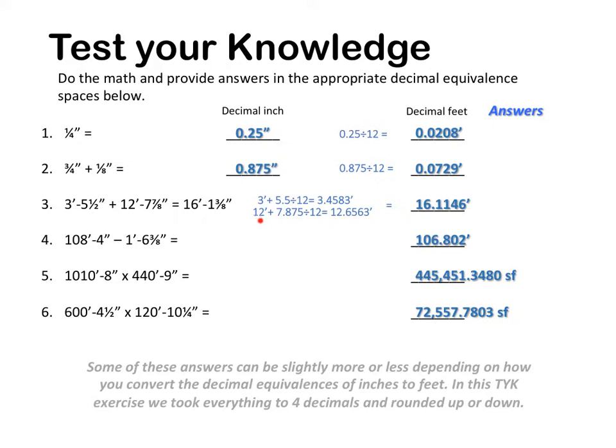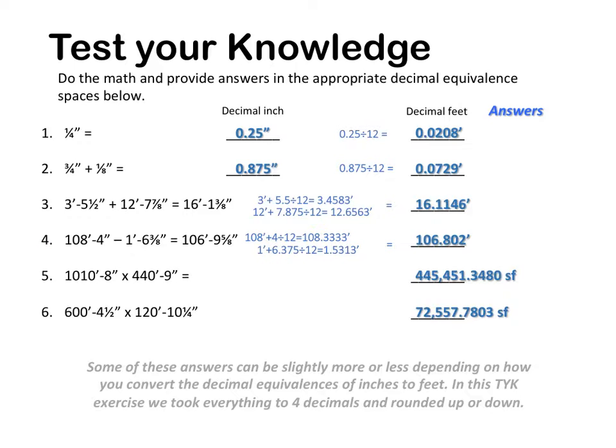I took the 12 plus the 7.875, which is 7/8 in decimal inches, divide that by 12, and I came up with 12.6563. And when you add the two of them together, you get 16.1146 feet.